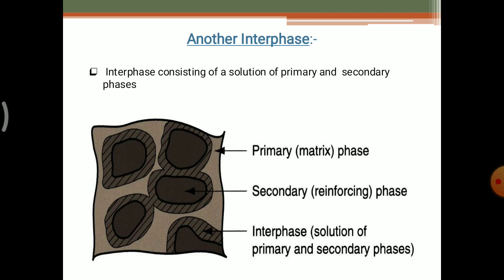So first one, second one, and third one. But the common elements in these three interfaces are the primary and the secondary phases. The difference is the third ingredient in the second type of interface. But in the last interface, that is the solution of primary and secondary phase only.